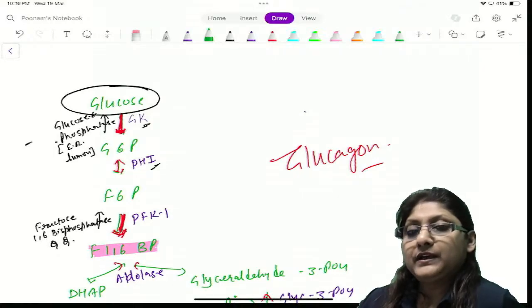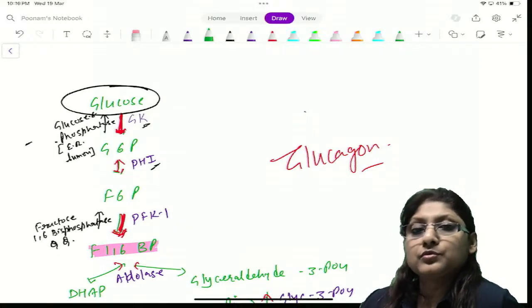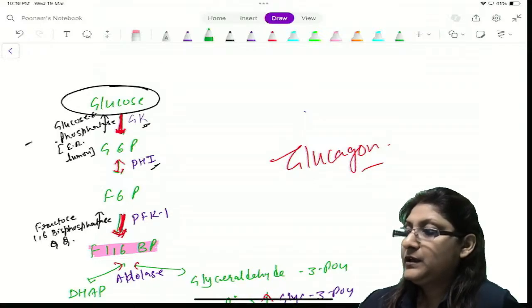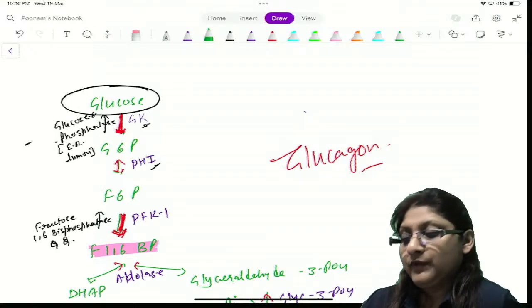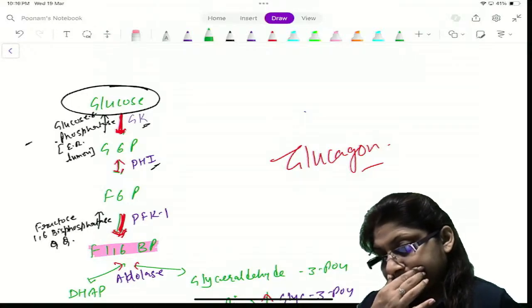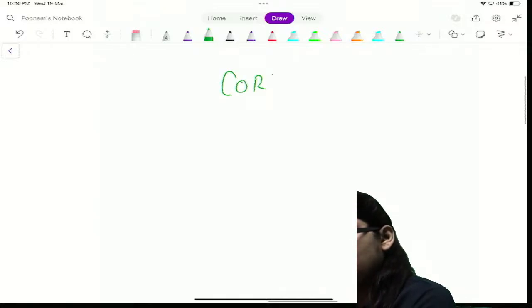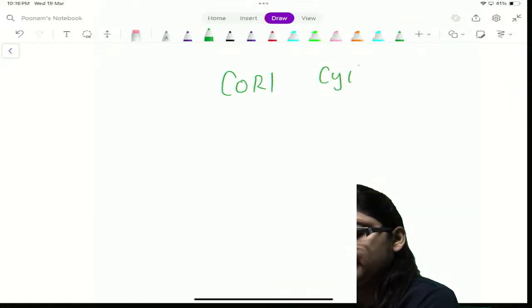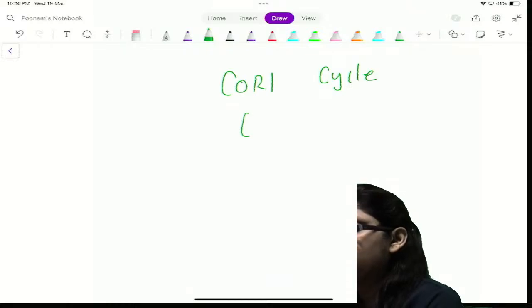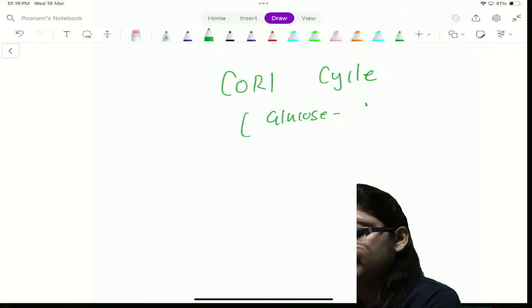So lactate is also capable of making glucose, but for that, lactate needs to first get converted to pyruvate. This is actually part and parcel of the Cori cycle, which is very often a question to you, and which is otherwise called the glucose-lactate cycle.